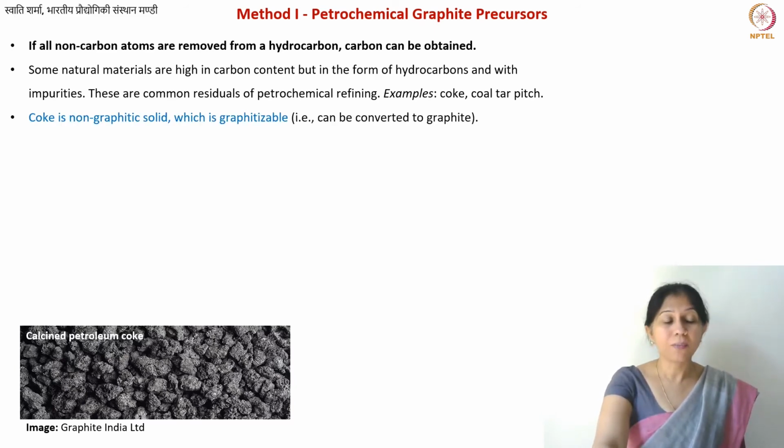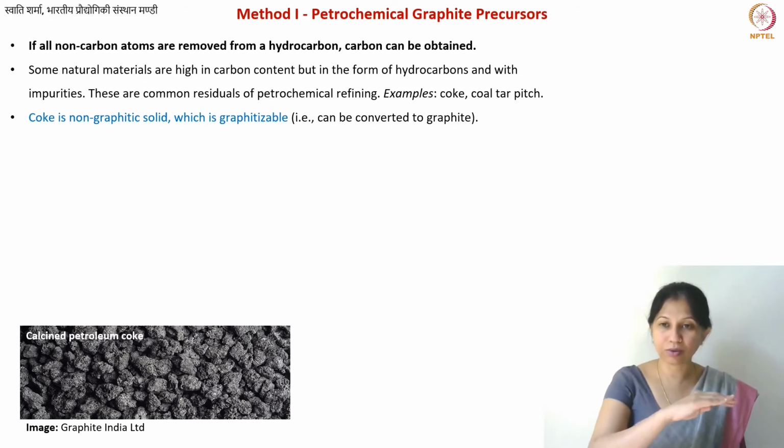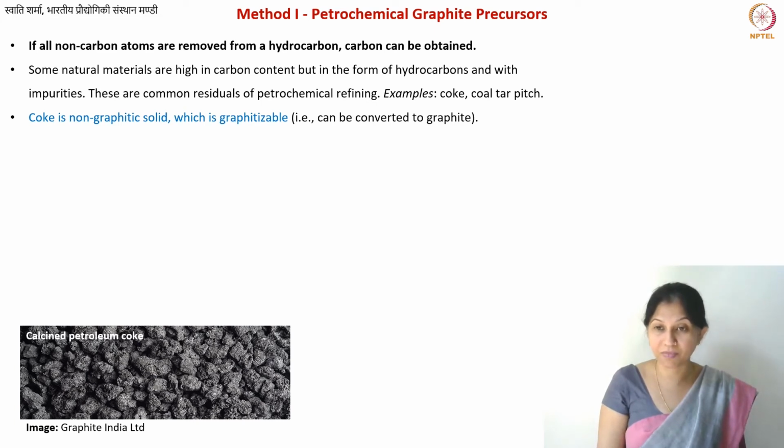Okay, now coke in itself is a non-graphitic solid. So if you have read the definitions that I gave you before, what is non-graphitic? That means when you do its characterization, let's say you do X-ray diffraction studies, characterization techniques we are going to learn separately, you will not see the peak for graphite.